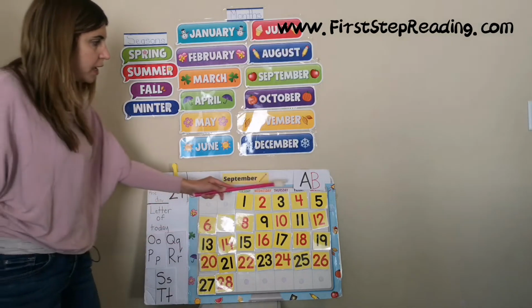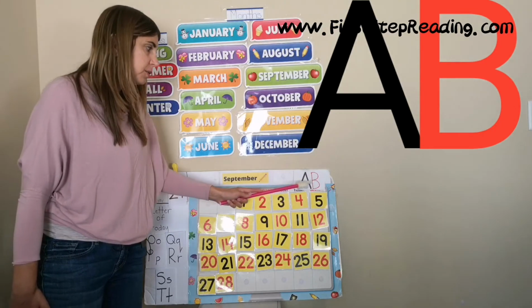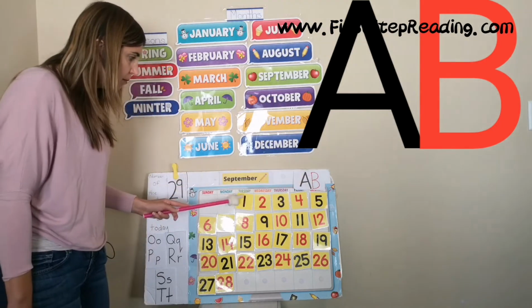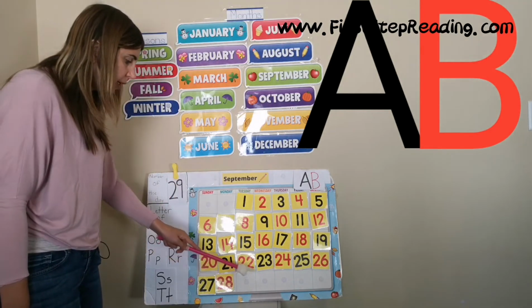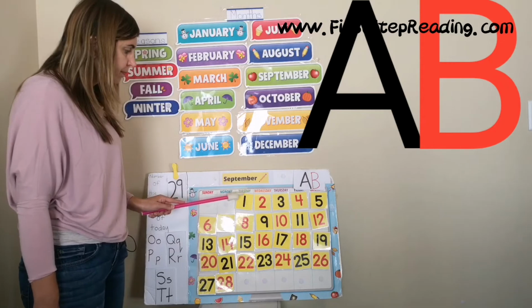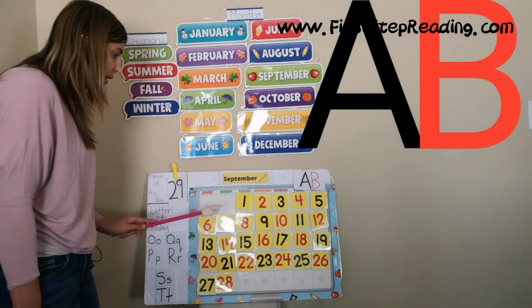Now we have an A-B pattern on our calendar. That means it switches between two different things, black and red for this calendar. So let's figure out if our 29 is black or red. Black, red, black, red, black, red, black.